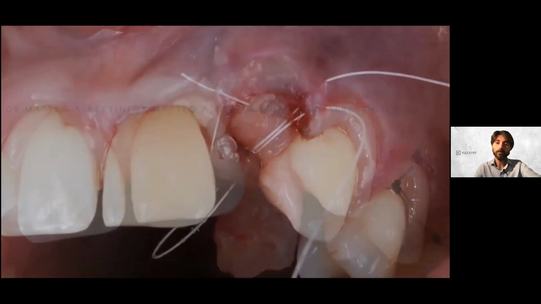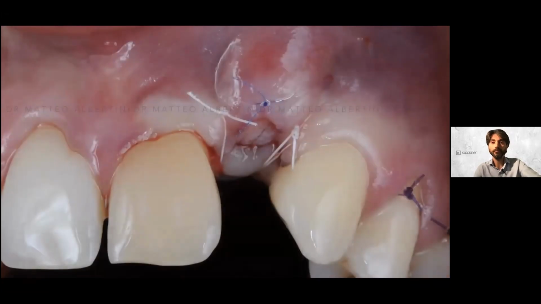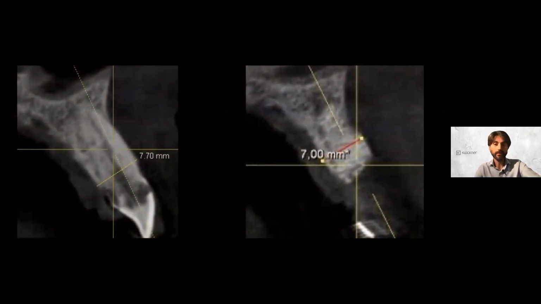So we insert the soft tissue graft, we fill the space with the biomaterial, coronal advancement of the flap. We stabilize the wound with another suture of 7-0, and then we wait. We wait for 8 months, and this is the result on the CBCT after 8 months.